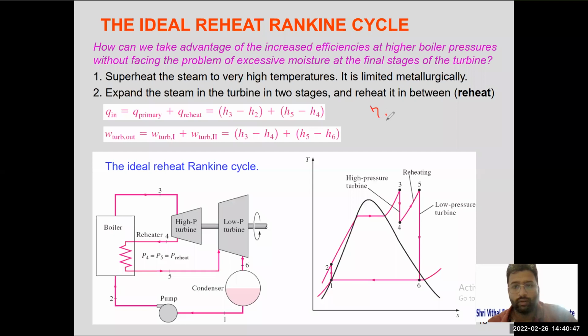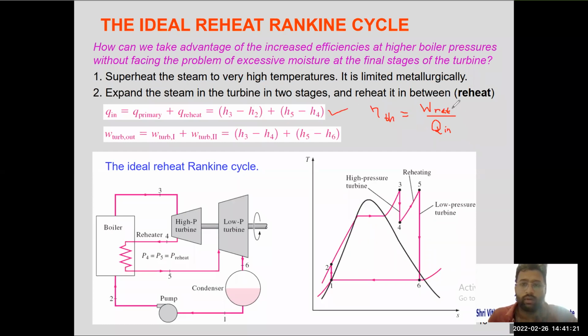So this will again be the same net work done divided by the Q in. Now Q in is here already, H3 minus H2 plus H5 minus H4.